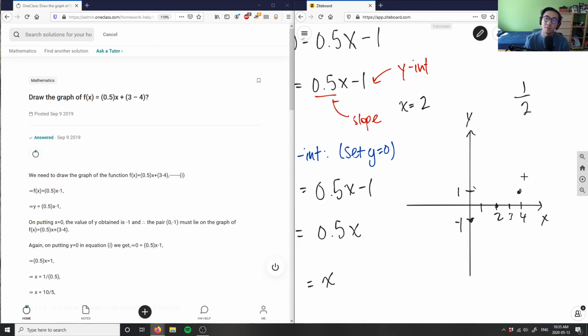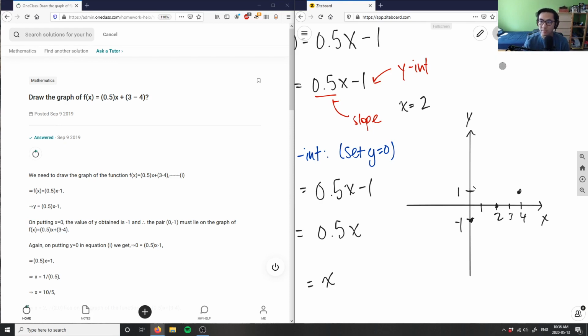Remember, our slope is really important. If 0.5 is our slope, you can also convert this to one half. This is our rise over run. When we talk about rise, our numerator is the rise, so we go up by 1. Our run is either left or right by 2. In this case it's right because I have a positive slope. So this solution is correct.